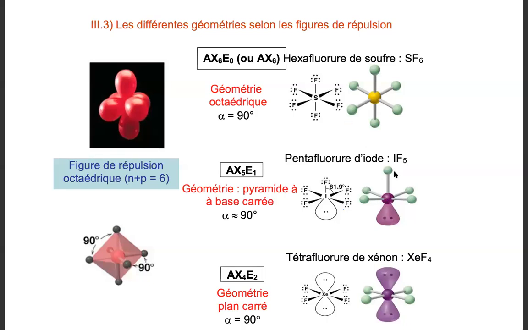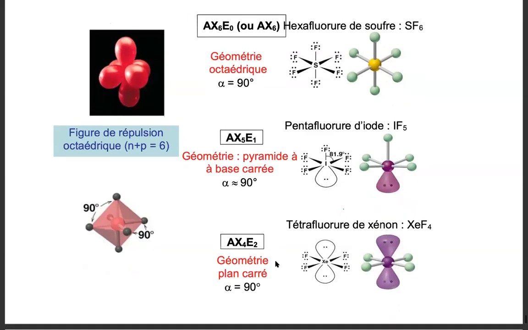So we have 1, 2, 3, 4, 5 adjacent fluorine atoms, and we have 1 lone pair. It also forms an angle approximately equals to 90 degrees.